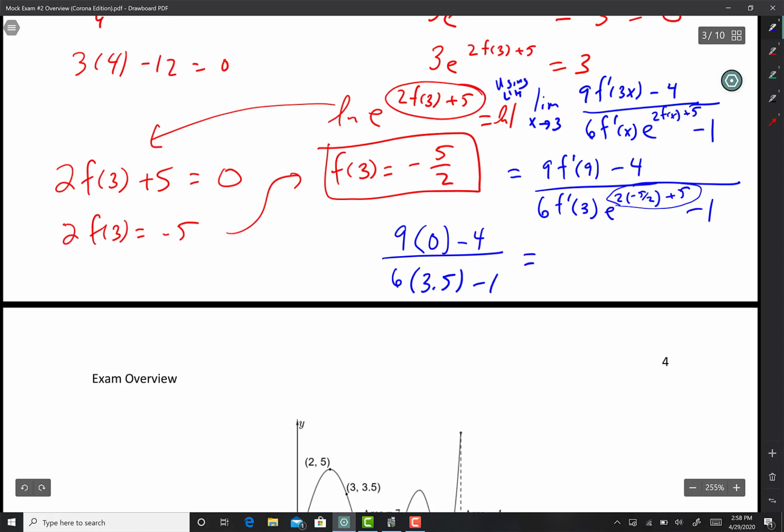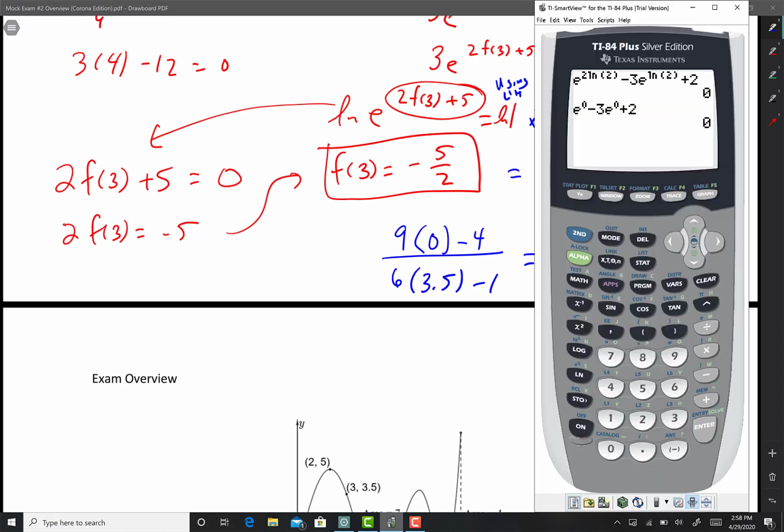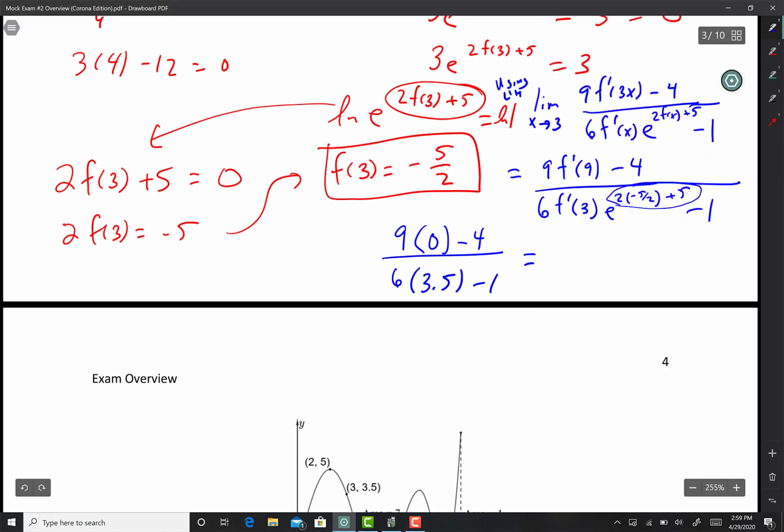And actually, you don't even have to simplify it, guys, but I'm going to simplify it. Negative 4 divided by parenthesis 6 times 3.5, whatever that is, minus 1. And I got negative 0.2, or negative 1/5. There it is.